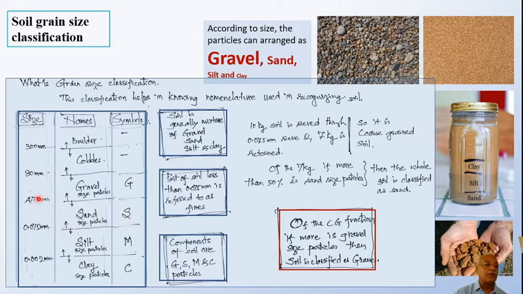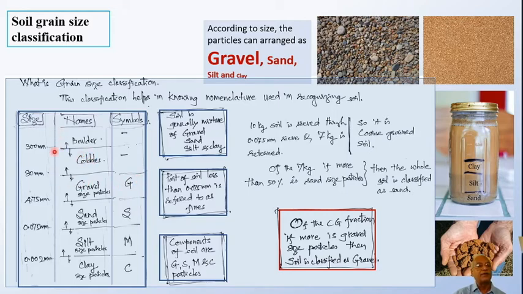The particles above 4.75 and below 80 are referred to as gravel size particles, and the symbol for that is G. From 80 to 300 we call it cobbles.